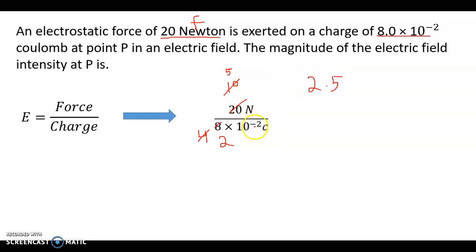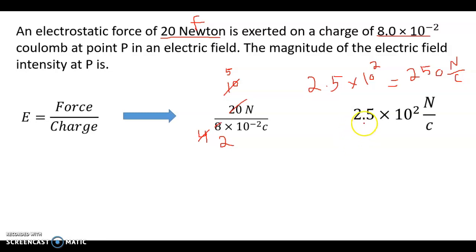2.5. 10 to the negative 2, if it should go up, here you have to know this mathematics, it becomes 10 to the 2 when it goes up. And now you could get this answer: 250 Newton per Coulomb.